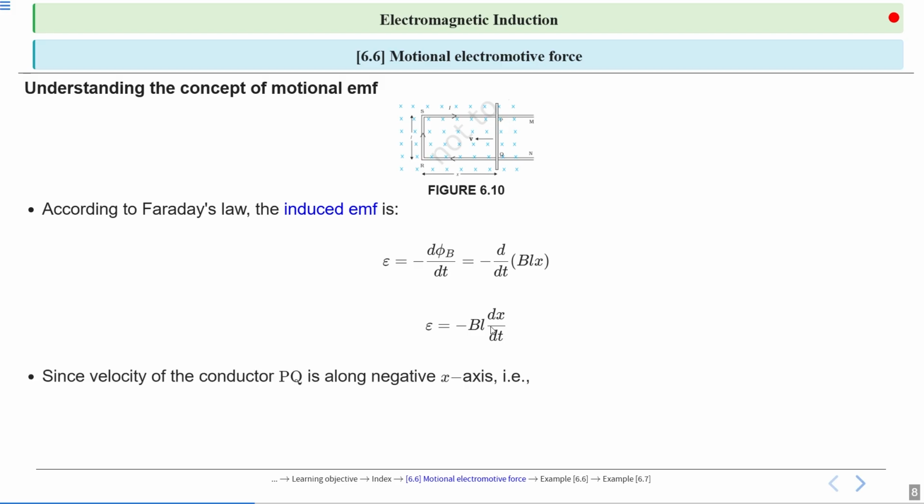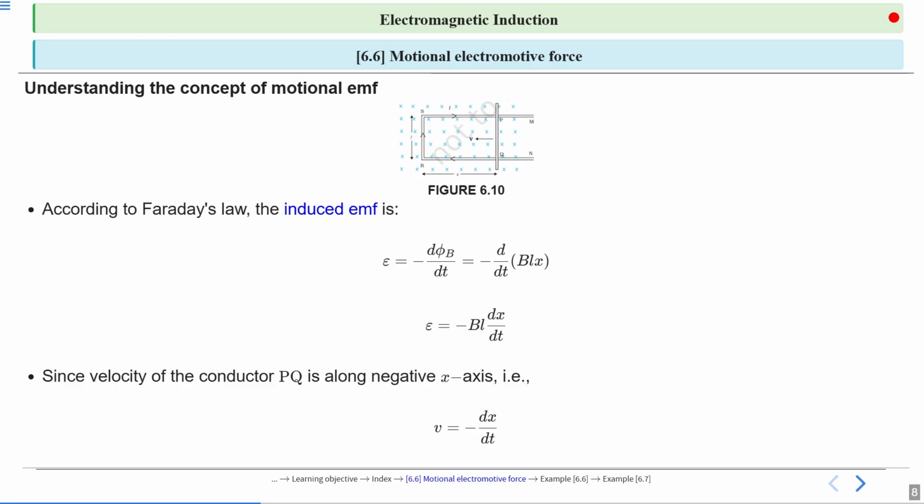Since the velocity of the conductor PQ is along the negative x-axis, V equal to minus dx by dt. Why is the minus sign there? Because according to sign conventions, the velocity is towards the negative x-axis.